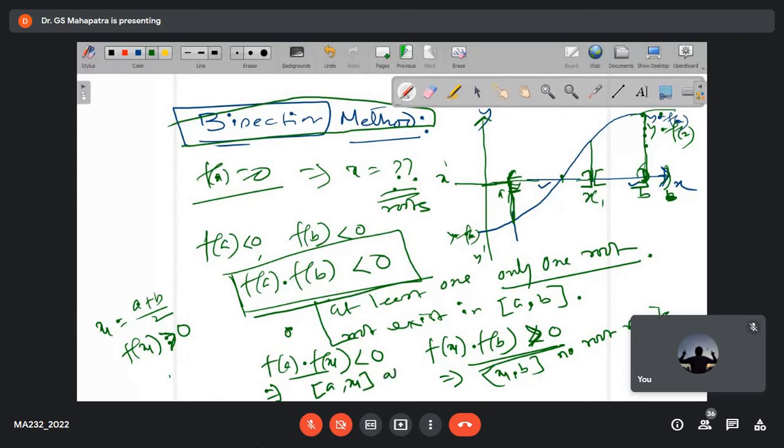At least one, the same comment. Now at least one root exists. Correct. So now you can discard that interval x1 comma b. Now your new interval is a comma x1.